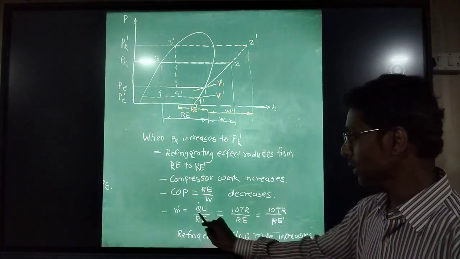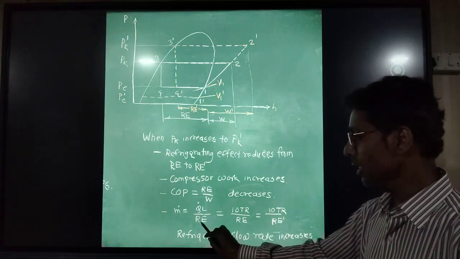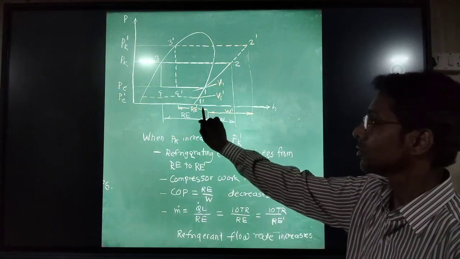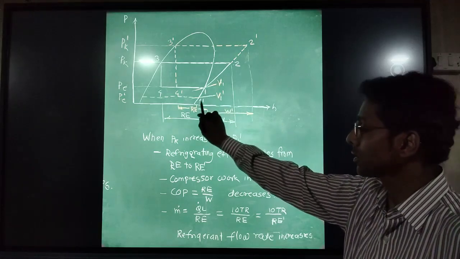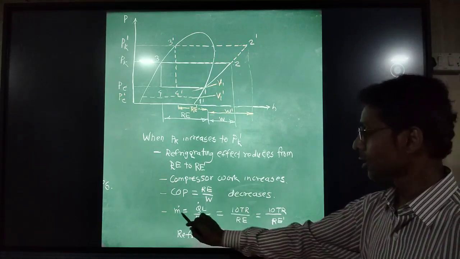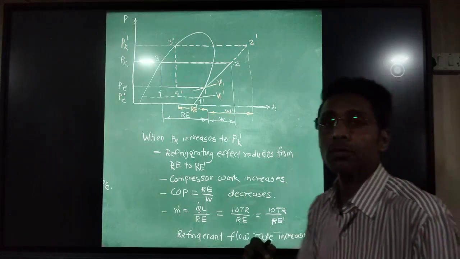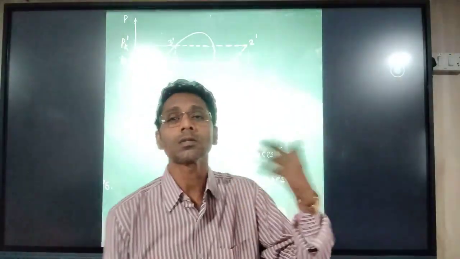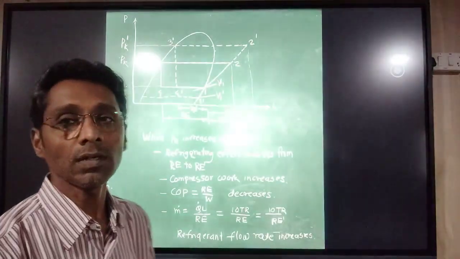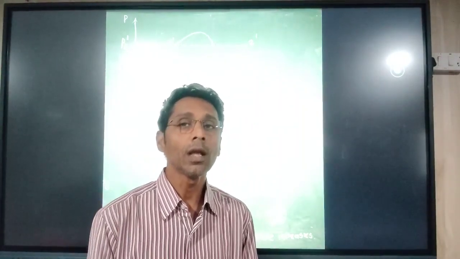Mass flow rate is the ratio of cooling capacity in tons of refrigeration divided by refrigerant effect. As we saw, the refrigerant effect is reduced for heavy duty application with a single stage. When this denominator is reduced, obviously the mass flow rate of the refrigerant increases, meaning we have to circulate more refrigerant throughout the system. So these are some limitations of the single stage system for heavy duty applications.